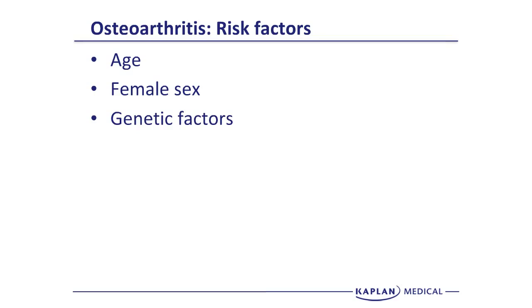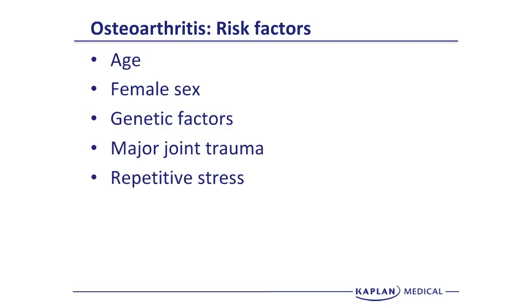So in certain families, you would see that osteoarthritis actually occurs at an earlier age. Major joint trauma can actually lead to osteoarthritis later on in life. Repetitive stress. So joggers actually will get a lot of osteoarthritis in their knees before they would usually get it if they would not have jogged. And then obesity is another one of the risk factors that is very easily modifiable.